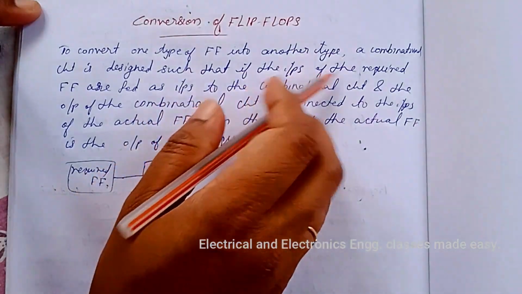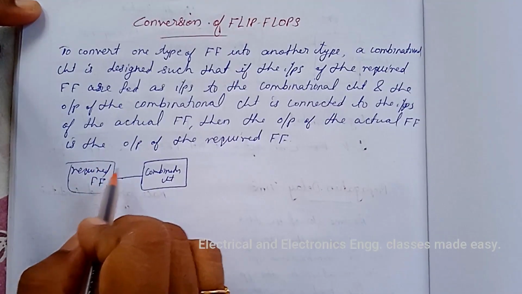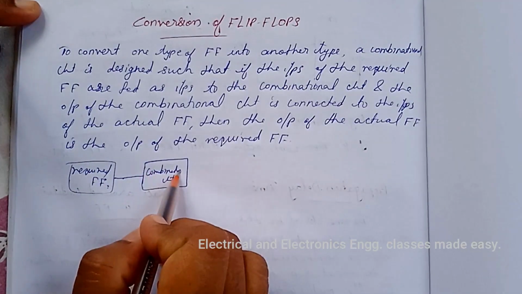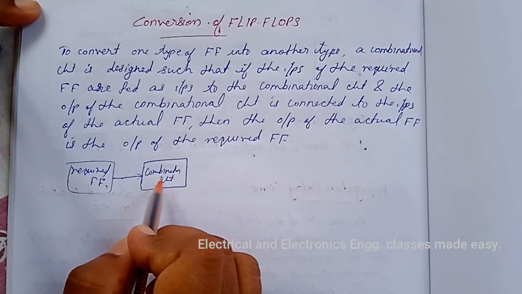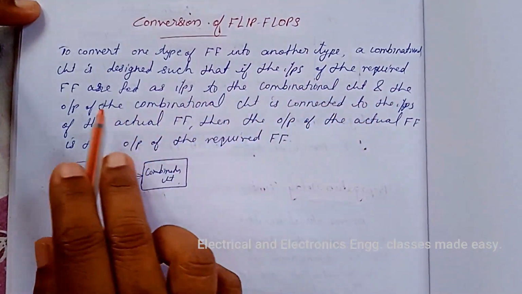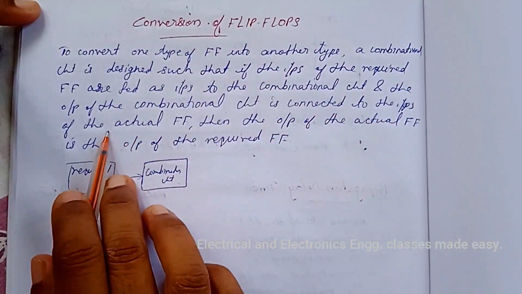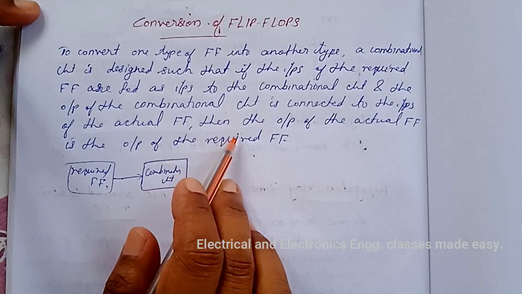So the inputs of the required flip-flop are fed as the inputs to the combinational circuit, and the output of the combinational circuit is connected to the input of the actual flip-flop.